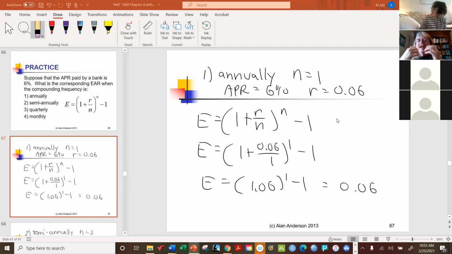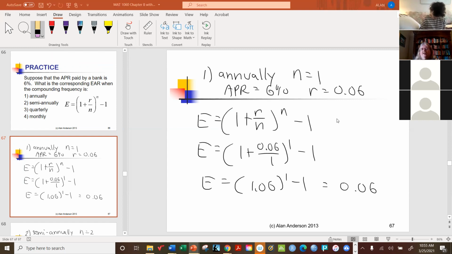Okay, so now go ahead and try semi-annual, which means n equals 2, and see what you get. And you can round it. If you get a lot of decimals, you can round it. Not for this next one, but the next 2 will have a lot of rounding.